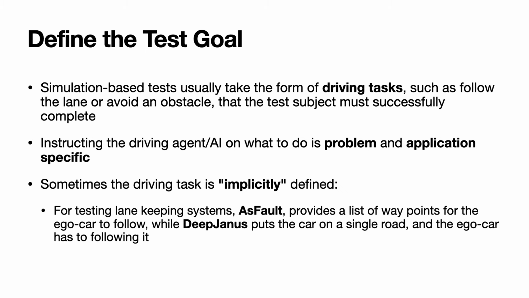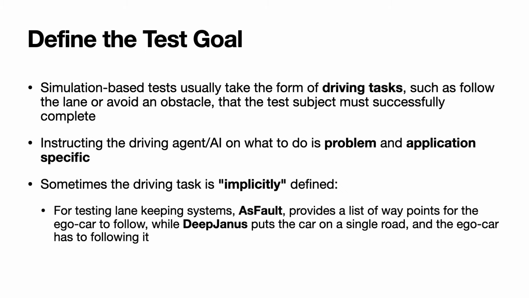So we need to find our own way to instruct our agent about what to do. The idea is that whatever you do, you try to formulate a driving task that the test subject must successfully complete. And this can be done explicitly if you know how to do it, or sometimes it can be done, let's say, implicitly.